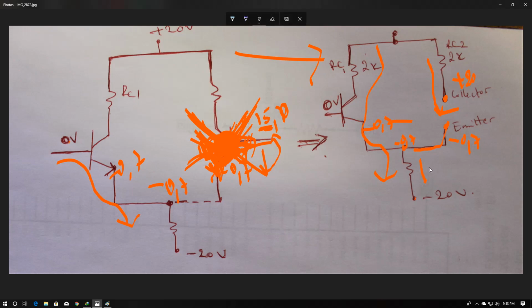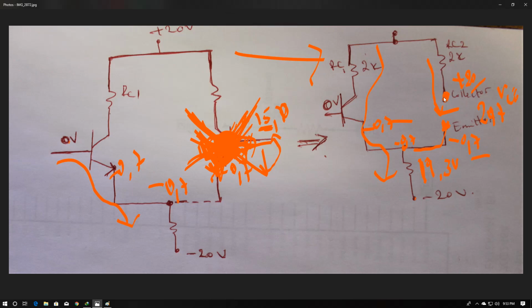The difference gives you 19.3 volts across RE. This one minus that one gives you 20.7 for VCE, because we have collector here at plus 20 and emitter there at minus 0.7, you see.